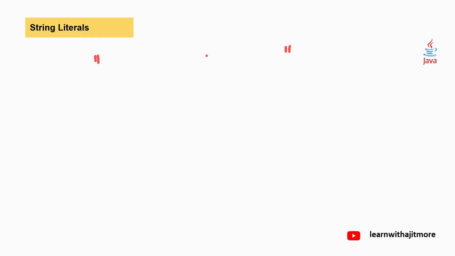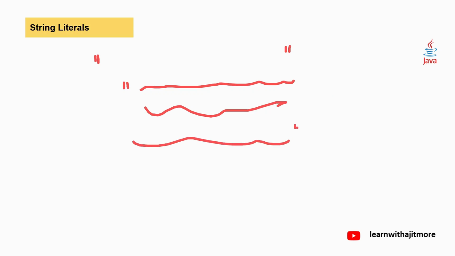And you cannot extend it to more than one line. Means this is not allowed: double quote, then you're writing something, pressing enter, again typing, pressing enter, and then completing the double quote. It is not allowed. These double quoted strings can be extended only to one line. It can be maximum one line.